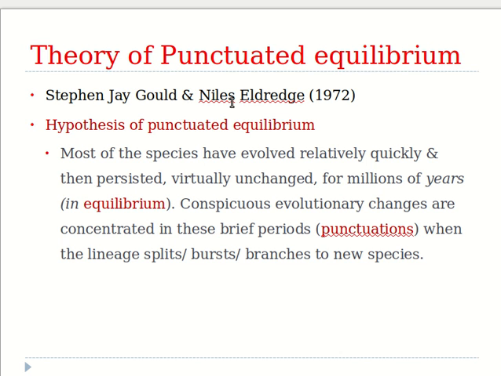On the basis of paleontological studies, particularly on trilobites and snails, Gould and Eldredge suggested that most of the species in the world appear to have evolved relatively quickly and then persisted for millions of years virtually unchanged. That is, they remained in a state of stasis or in equilibria. That is how the term equilibria comes. I hope that is clear.